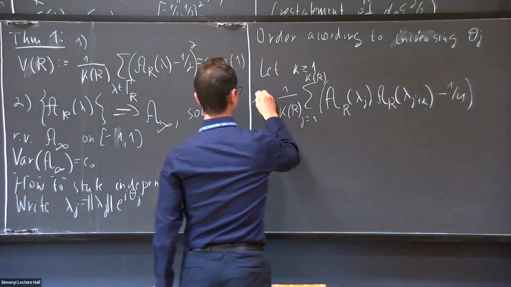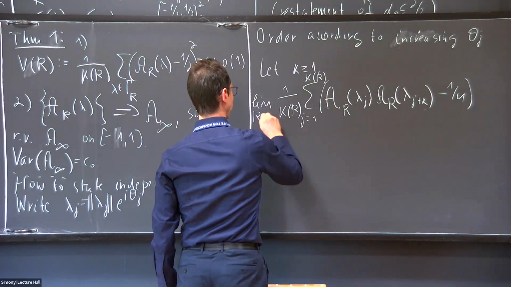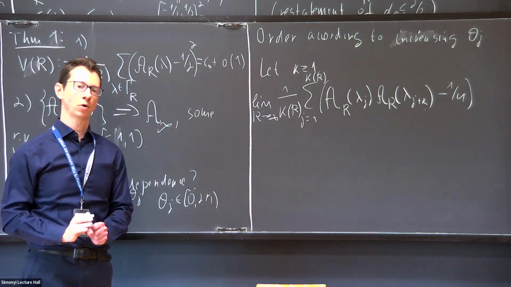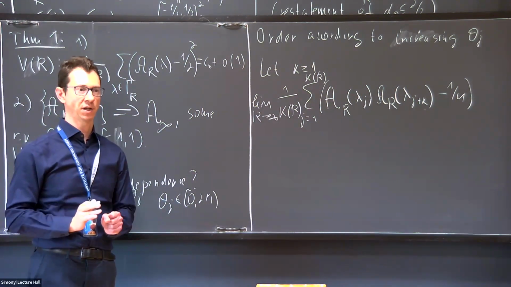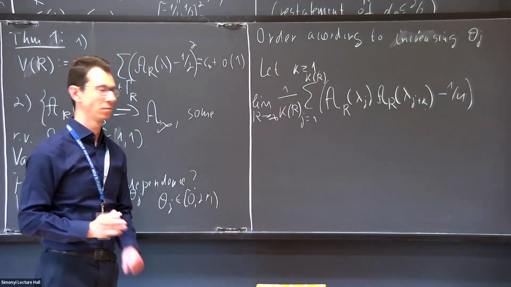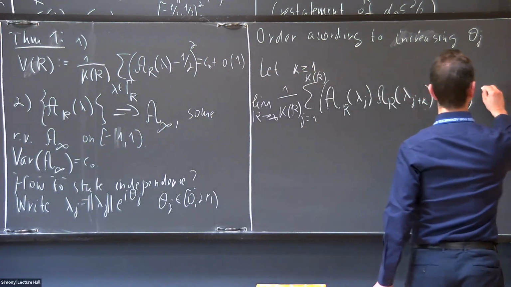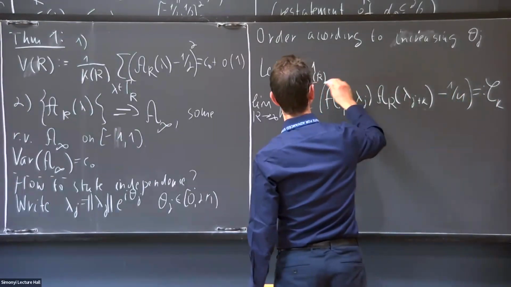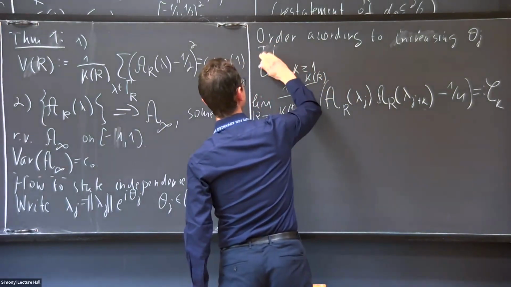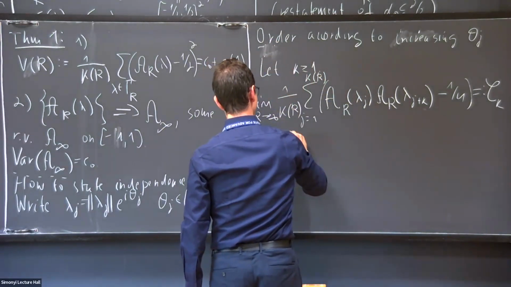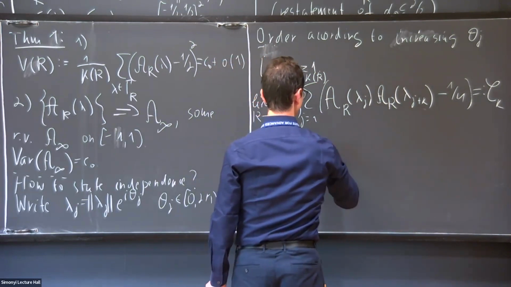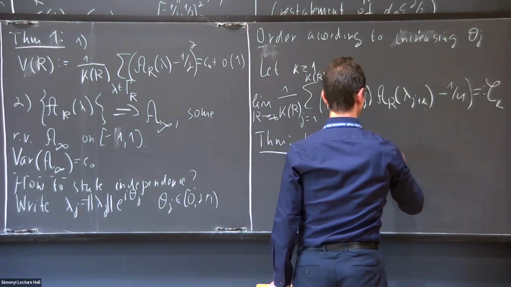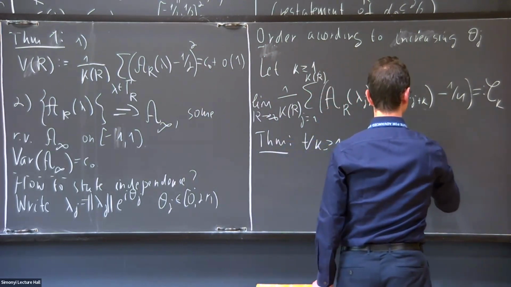And take the limit as r goes to infinity. So we have the following result, that for every k, this limit exists. Let's call it curly C_k. So, theorem: for every k, C_k exists as a limit.